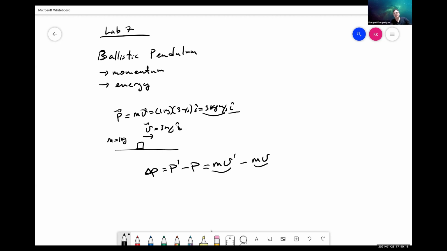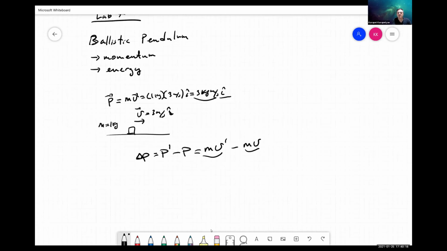So the idea here is this. You have an object that has mass M, and let's say this object is at rest, which means that V is equal to 0. That's the initial velocity I'm talking about. Another important thing here is, what do we need in order to change the momentum of the object?